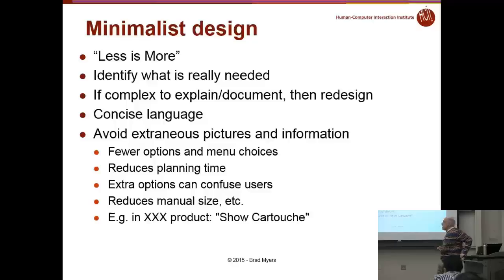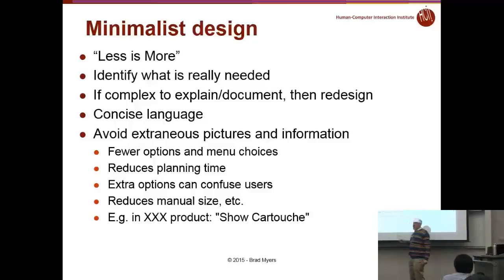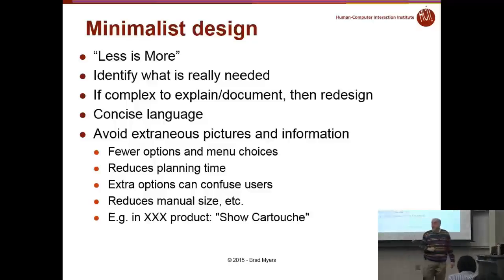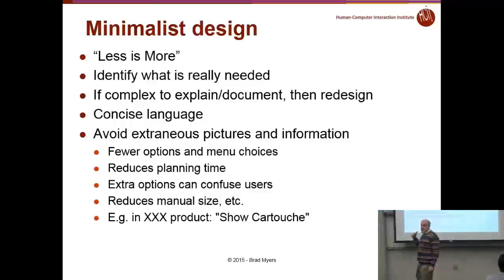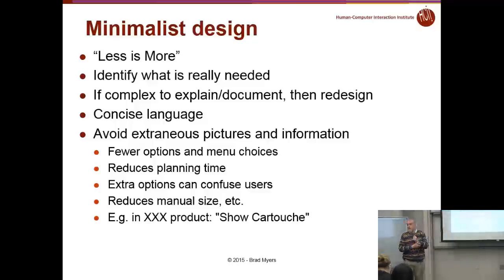You should avoid extraneous pictures and information, things that aren't needed. In this product that I keep picking on, they had a menu item called Show Cartouche, and I asked them what that meant, and nobody knew. None of the engineers who were there knew what this meant. And eventually I found out that some customer a long time ago had actually asked for this feature, and they had put it in special for this one customer. And then they just left it in grayed out for everybody else because they implemented it once.